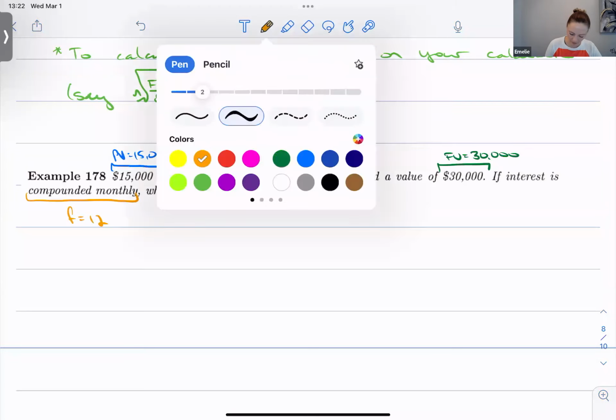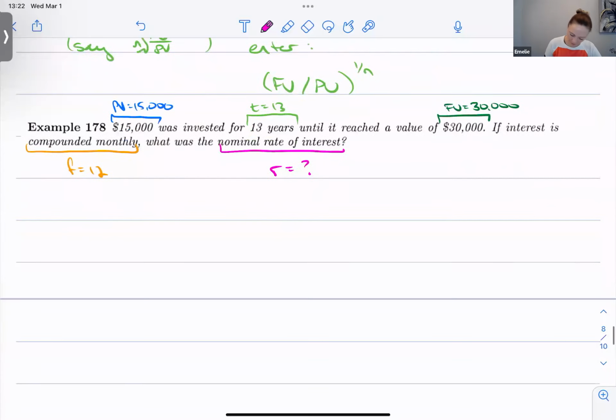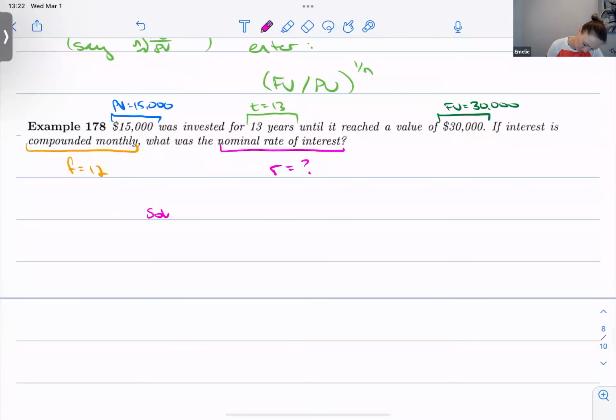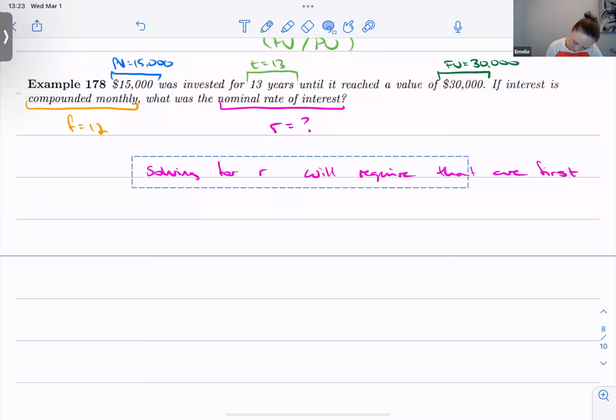And then we want to find r. In order to find r, we need to know i, right? So solving for r will require that we first solve for i.